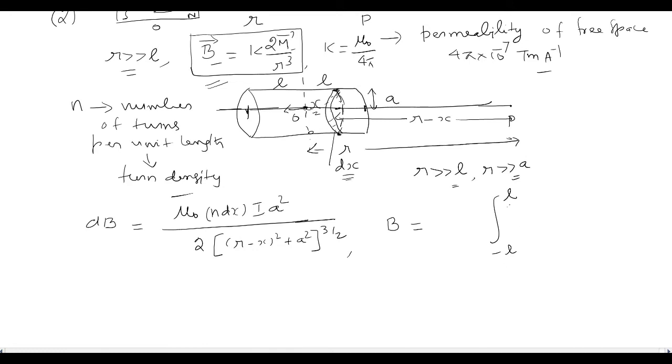Upper limit is L, lower limit is minus L, and you can take the constants outside the integration. So mu naught n I A squared, the constants, take outside by 2. Within this integration you have dx by (r minus x) the whole square plus A squared, power 3 by 2.